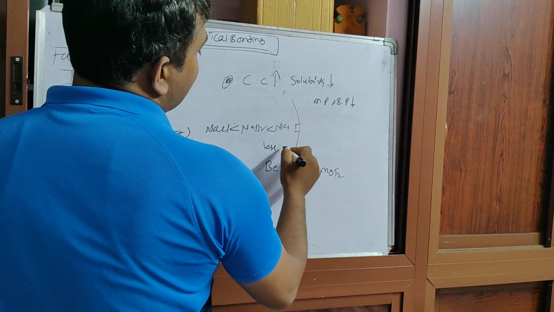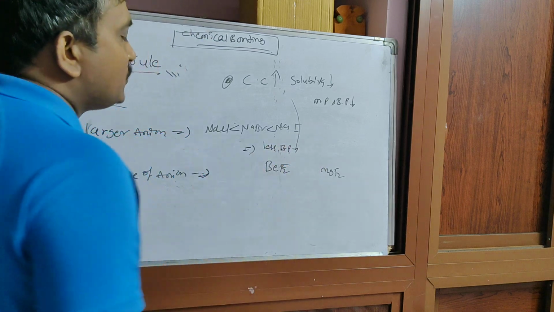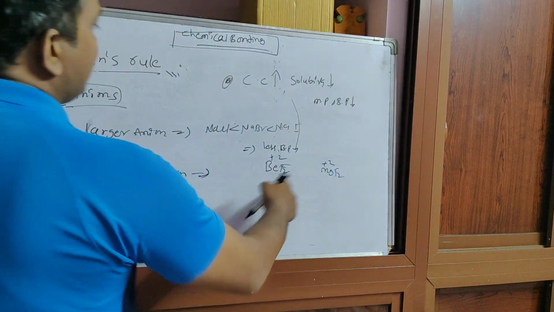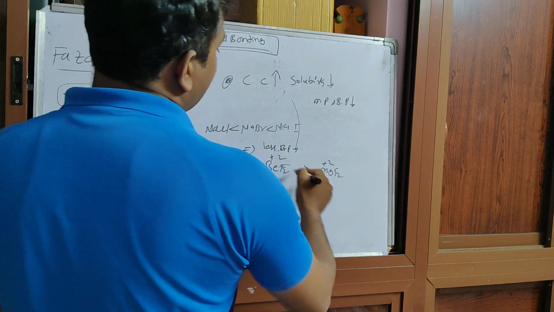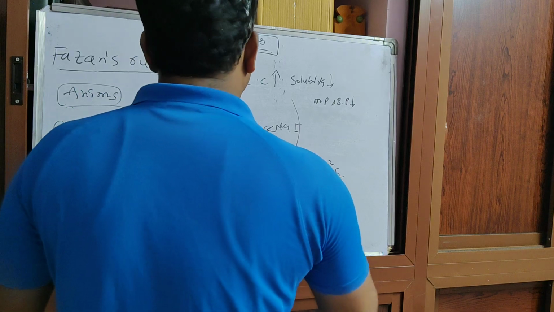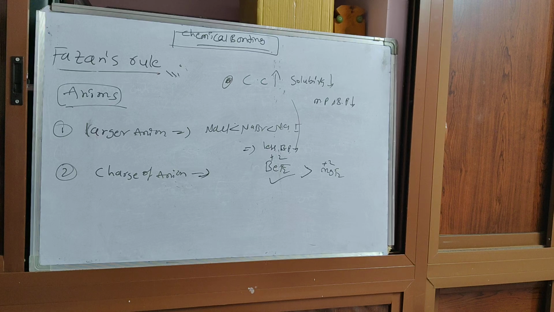Beryllium plus 2, magnesium plus 2: the smaller cation, beryllium, will form the more covalent character. More covalent means lower boiling point. This is the answer. Based on this, we can answer any question.